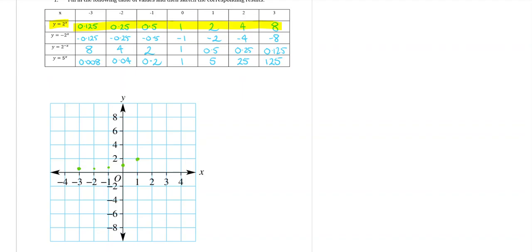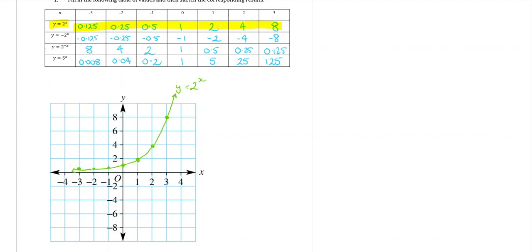Then at 1 it's 2, at 2 we go up to 4, and at 3 we go up to 8. So it's starting to increase quite rapidly there. So start small, goes through the 1, and then increasing. Okay, so that is y equals 2 to the power of x.